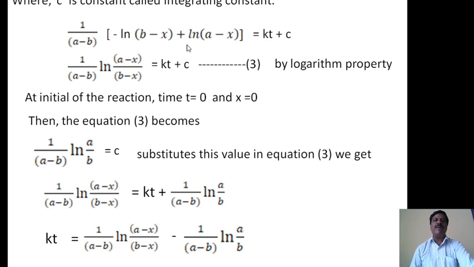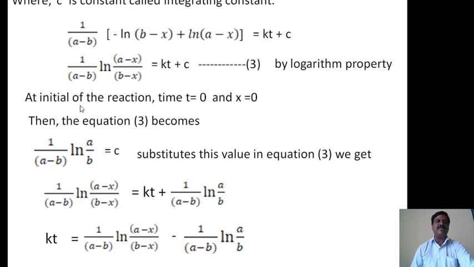Then you have to apply the logarithmic property: 1 divided by (a minus b) ln of, this is the m, this is the n, therefore I can write ln of (a minus x) divided by (b minus x) equal to kt plus c. That is called equation number 3.